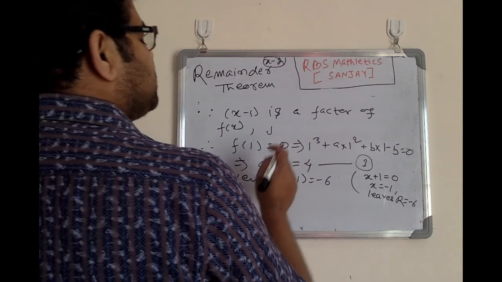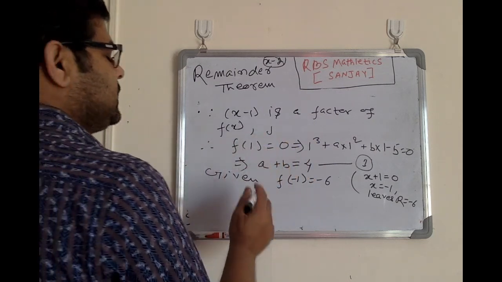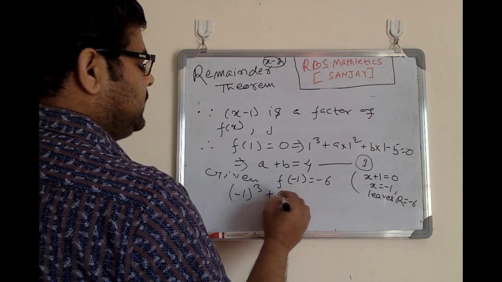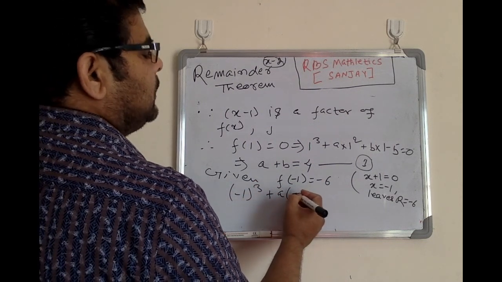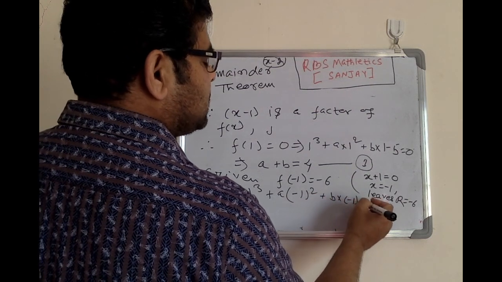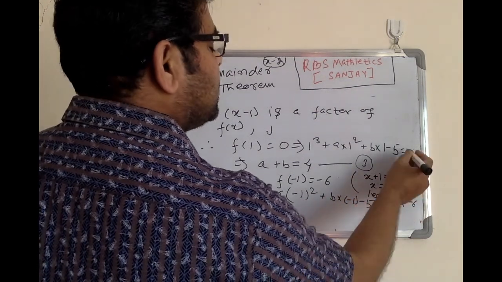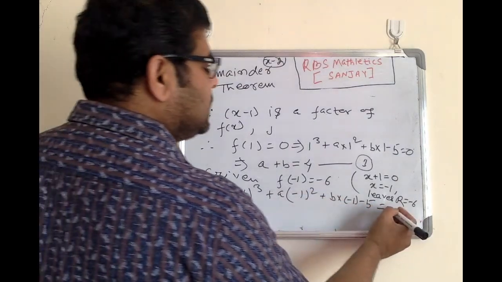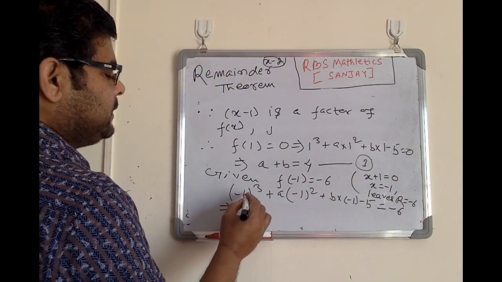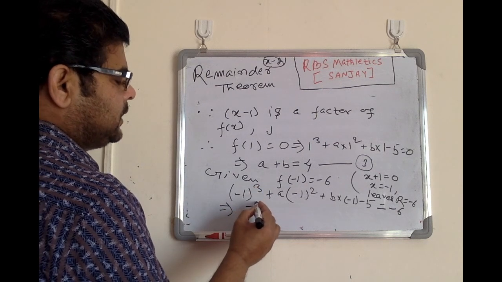Now instead of plus 1, we put minus 1 in the same function f(x), so it is going to be minus 1 cube plus a times minus 1 square plus b times minus 1 minus 5 is equal to, not 0 now, it's given that this is minus 6. See how it is minus and the power is odd, so it will still be negative.